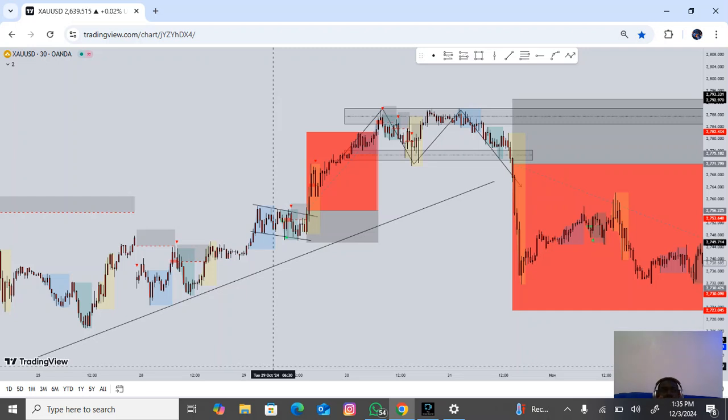You can use that pattern as your strategy and master it. Mastering one particular pattern helps you to be consistent and helps you to spot it easily.